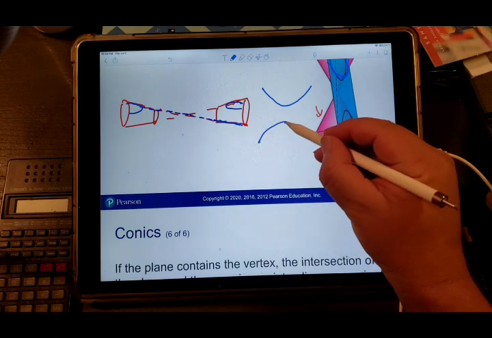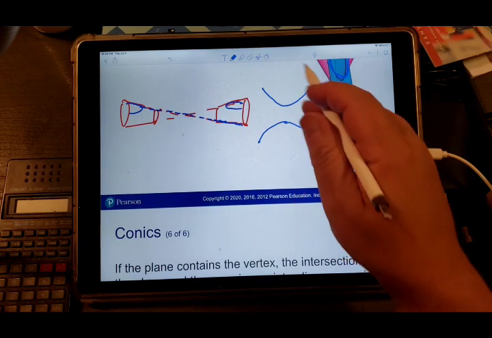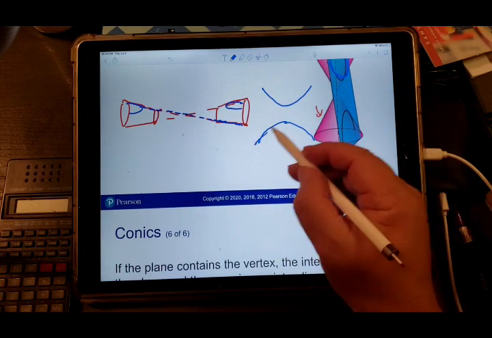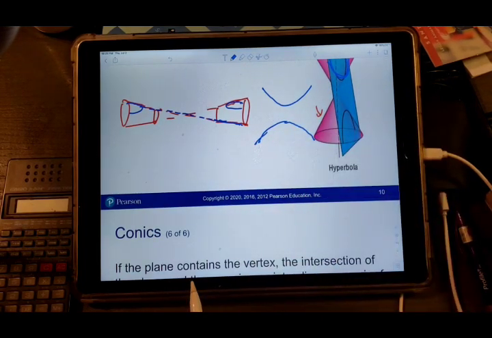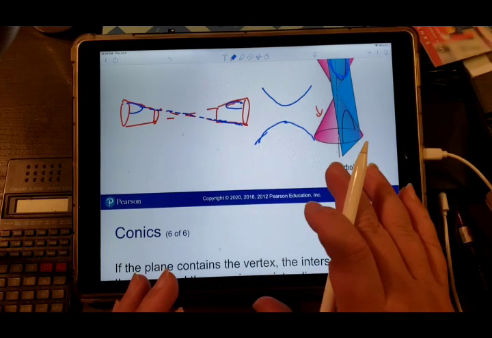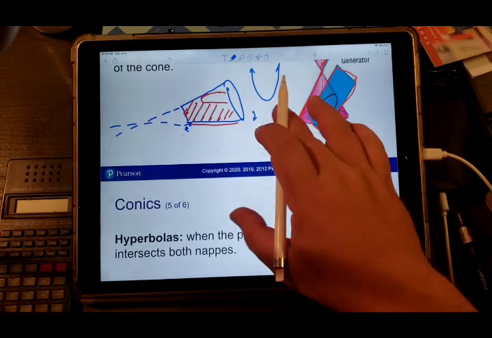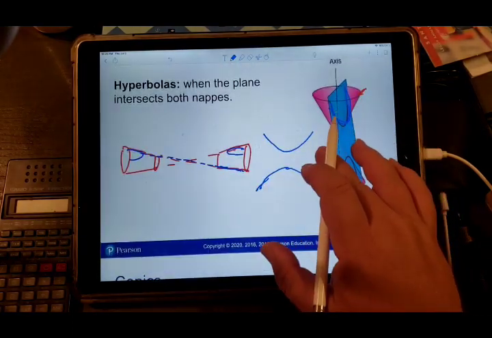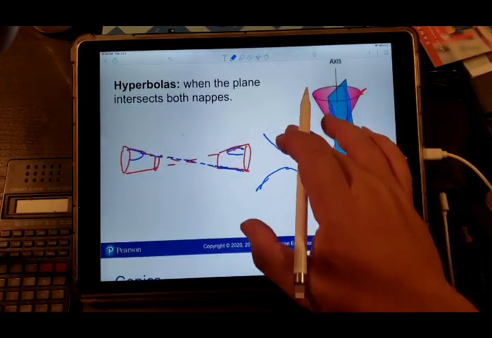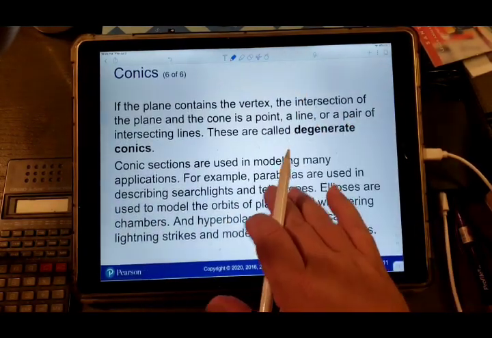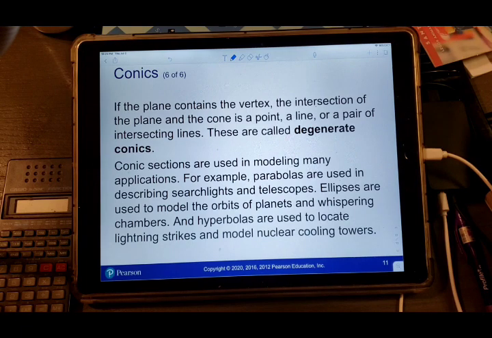I think I've already told you this is a really bad way to think of a hyperbola because I don't have the asymptotes drawn in, but I get something that's not quite a parabola. It's a very different shape than a parabola, namely because it has two parts to it. And that's really about it.